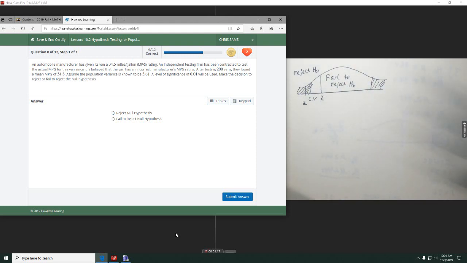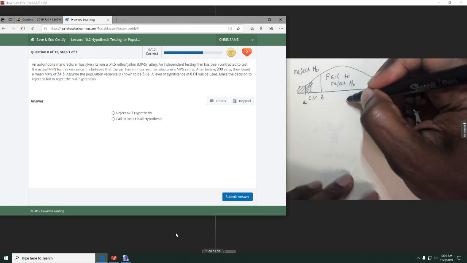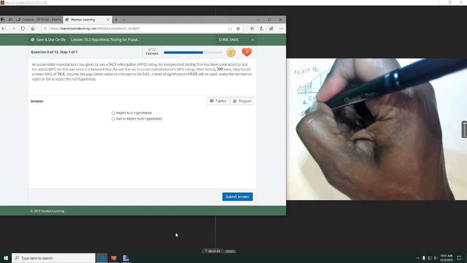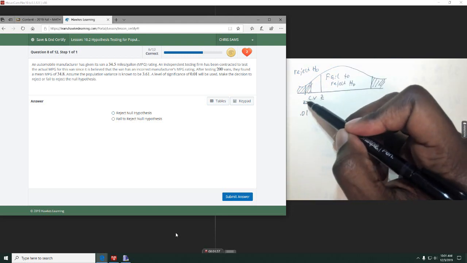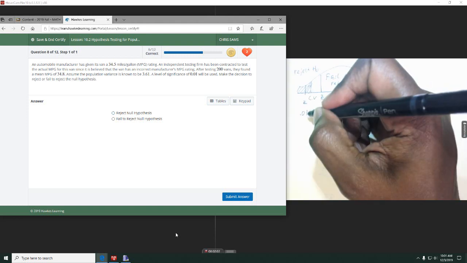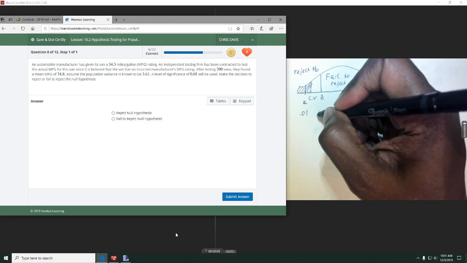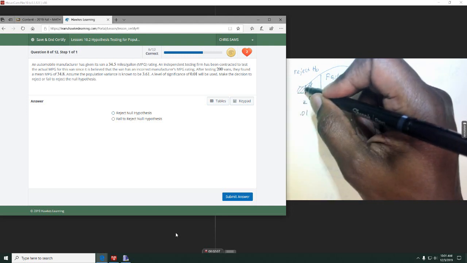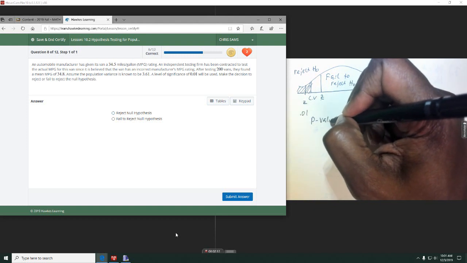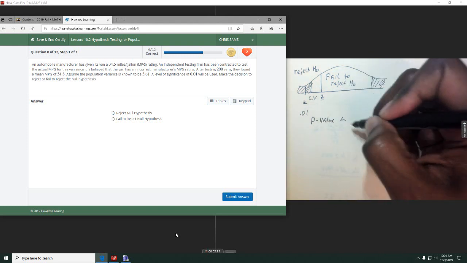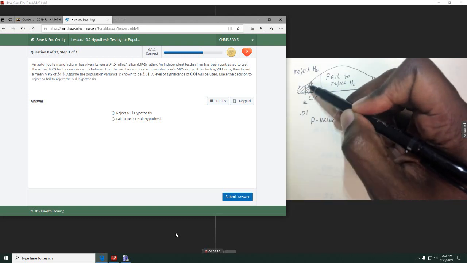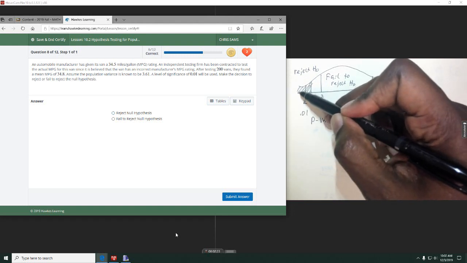So they give you a level of significance. It'll be like 1%, 5%, whatever you get. So let's say that this area, and they're giving it to us, is 1%, 0.01. Whenever you do your Z value, the p-value is the area to the left of Z. If the p-value is less than, which just means it falls in this rejection area, because if this is 1% and then your line is here, it's definitely going to be smaller than 1%.